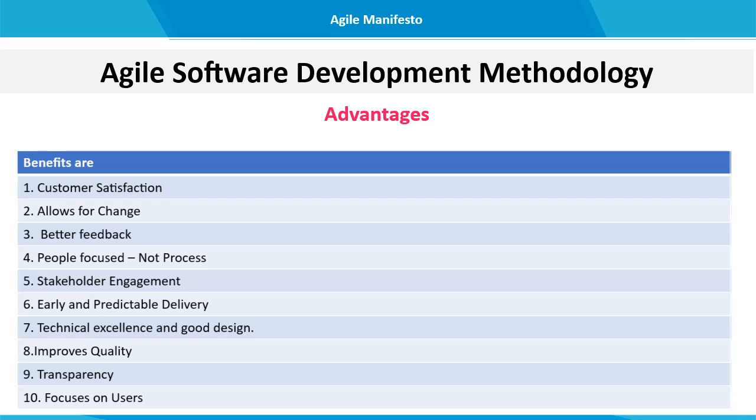Stakeholder engagement is high, customers are vital, early and predictable delivery. It provides technical excellence and good design. It improves quality. It also improves transparency. It focuses on users' requirements.